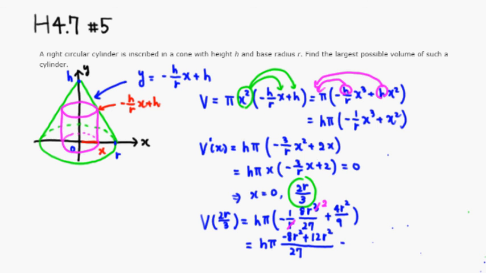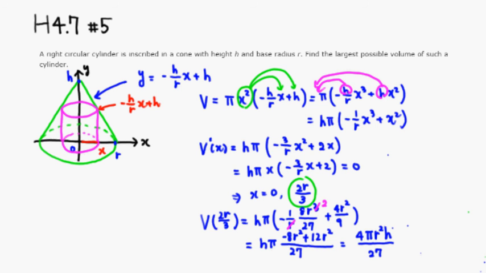Negative 8 plus 12 is 4r squared. So you have 4 pi r squared h over 27. So that's the maximum volume.